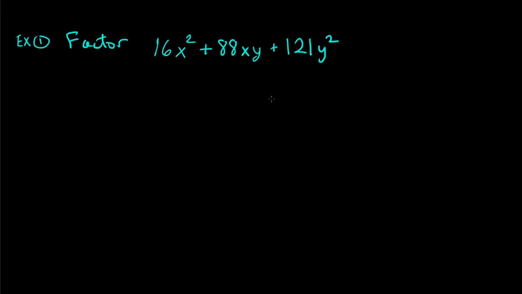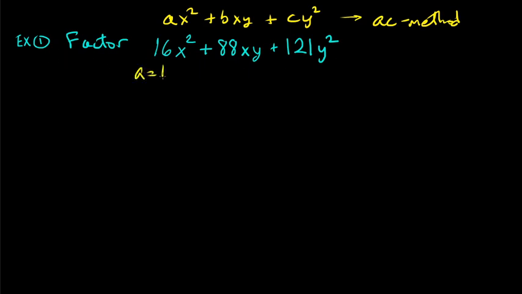So this is in the usual form, ax squared plus bx plus c, although there's also a y squared here and a y. But we've seen that before. And so this tells me we can factor this by using the AC method. Let's try it. So we know A is 16, B is 88, and C is 121.